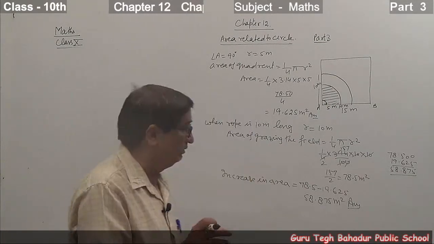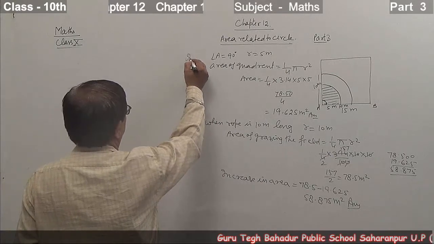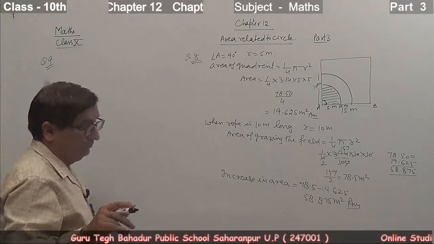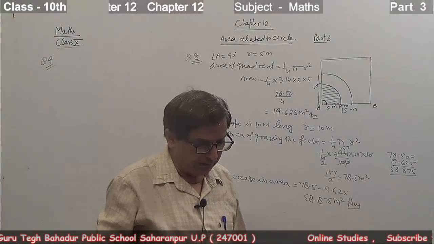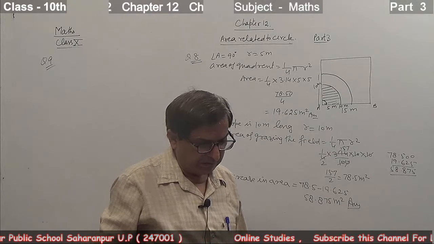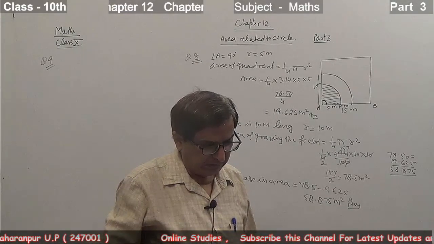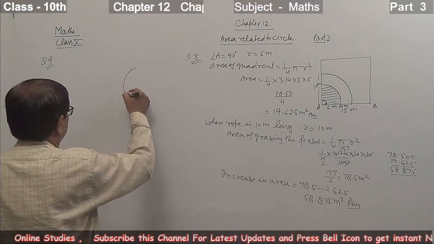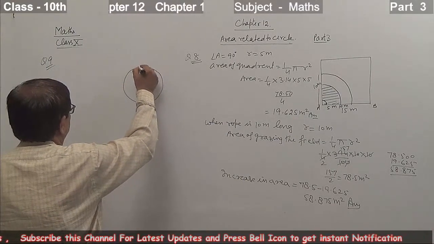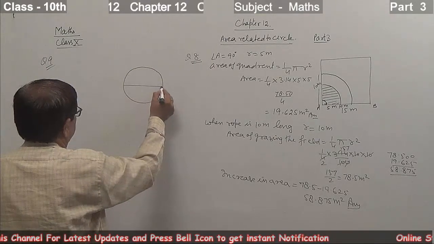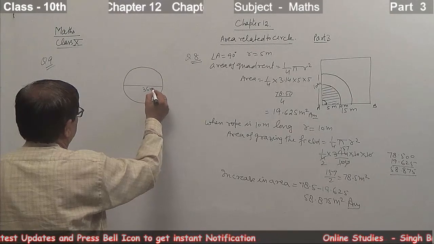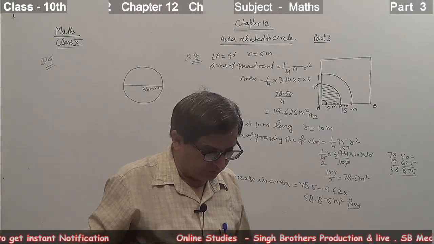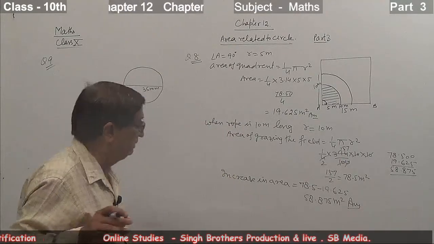Question number 9. That was question 8. Now question number 9. A brooch is made with silver wire in the form of a circle with diameter 35 millimeter. This is a brooch in the shape of a circle whose diameter is 35 millimeter. A wire is also used in making 5 diameters.